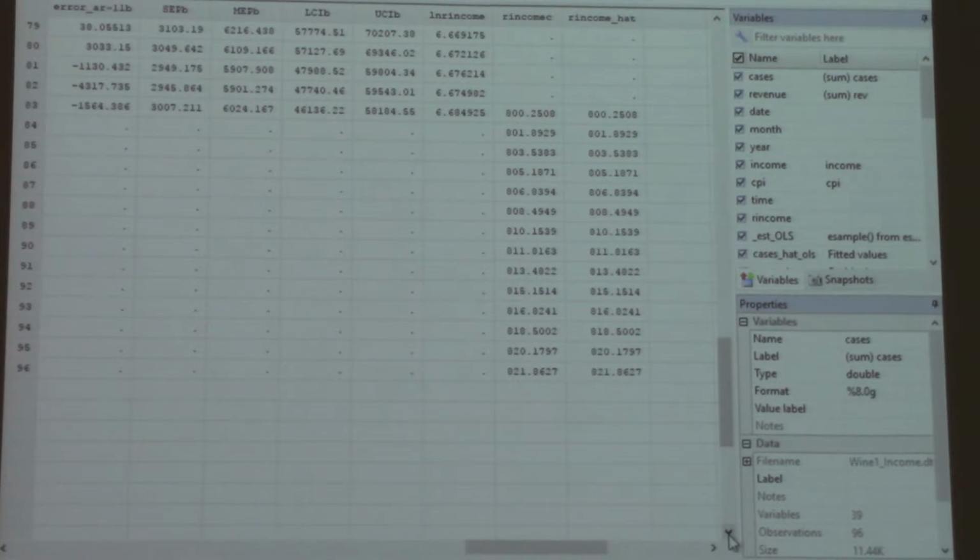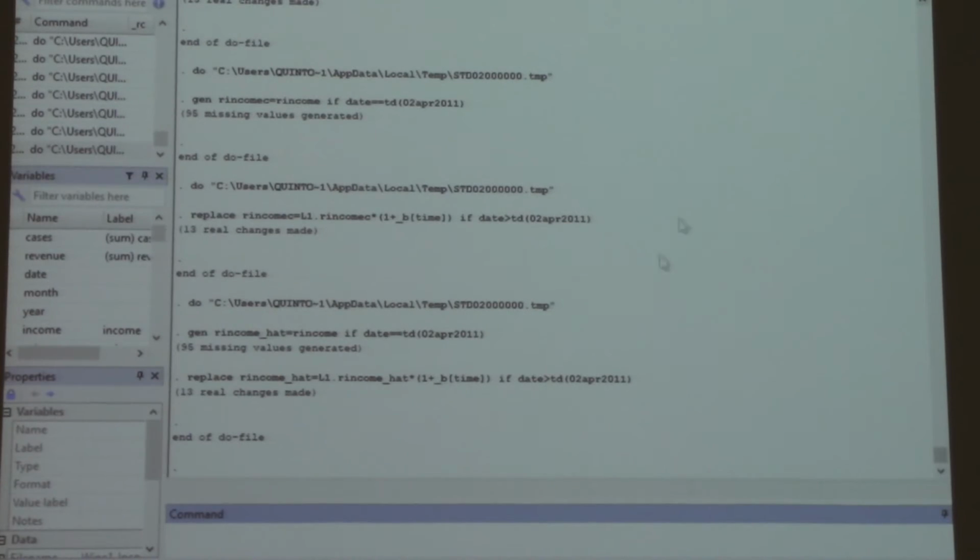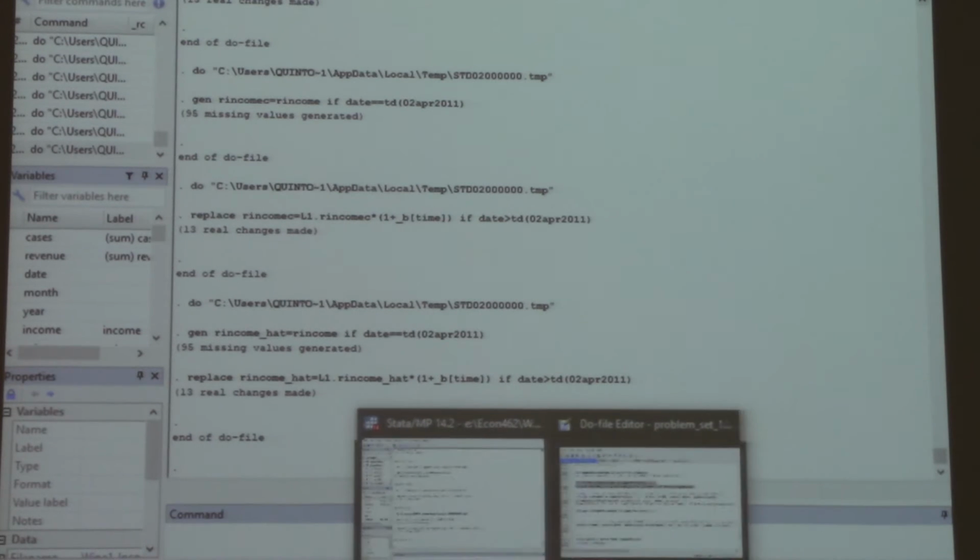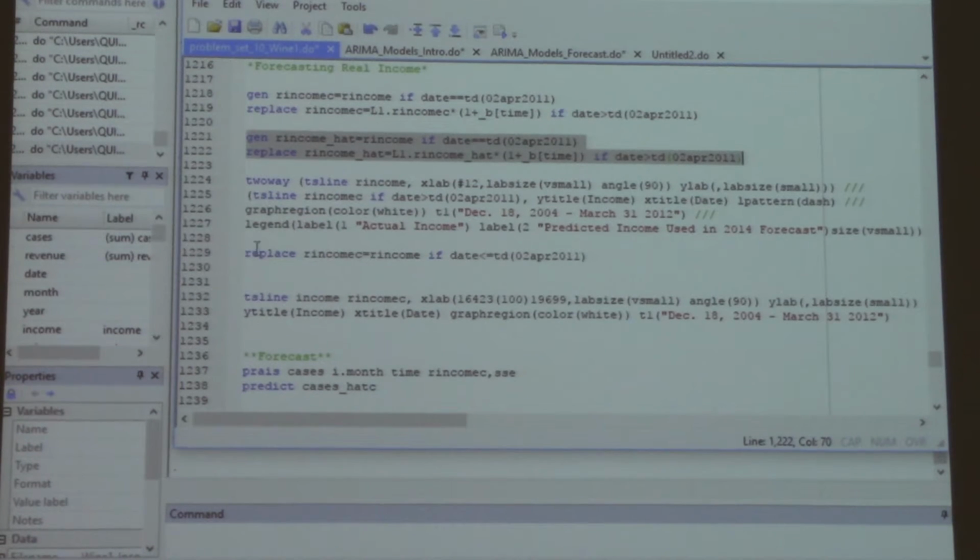So essentially, these are our predicted incomes based on the growth rate, the post-recession growth rate of the economy. And again, if these were prices, then you'd pick an average price for months or whatever that is. Okay, so now I just want to fill that in. Forecast.